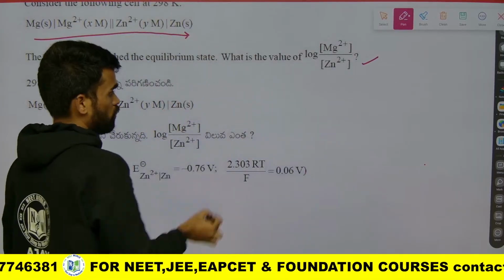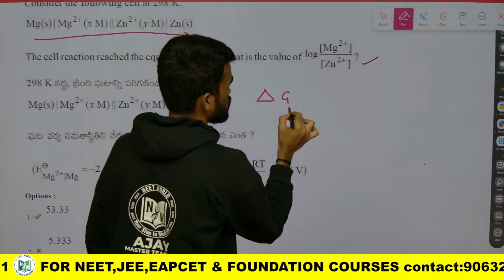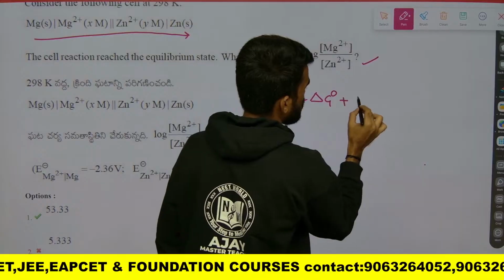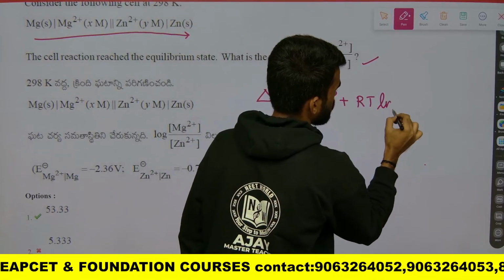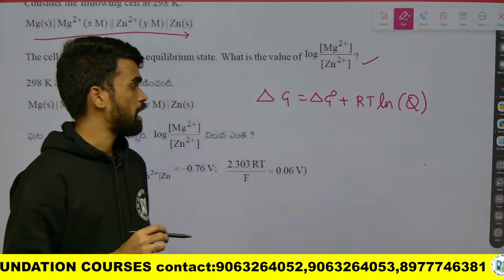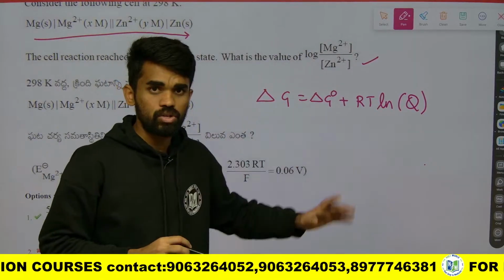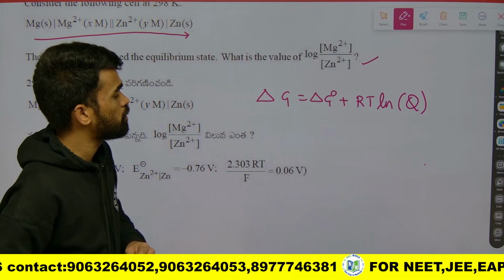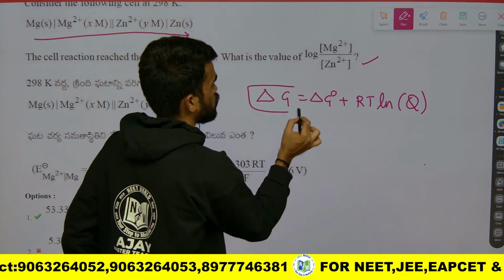We have the equation ΔG = ΔG° + RT ln Q, where Q is the reaction quotient. At equilibrium, ΔG is 0.